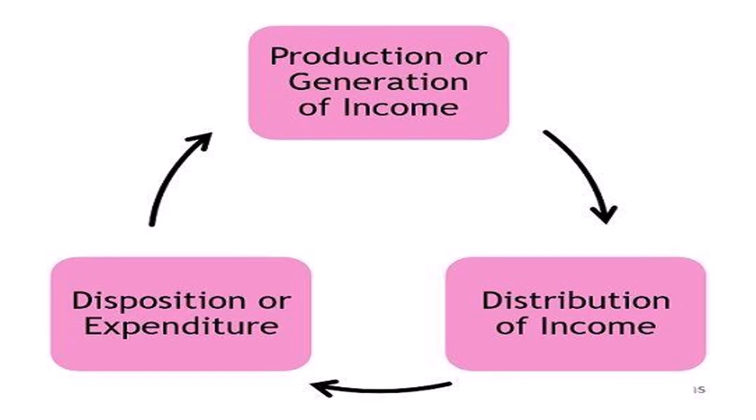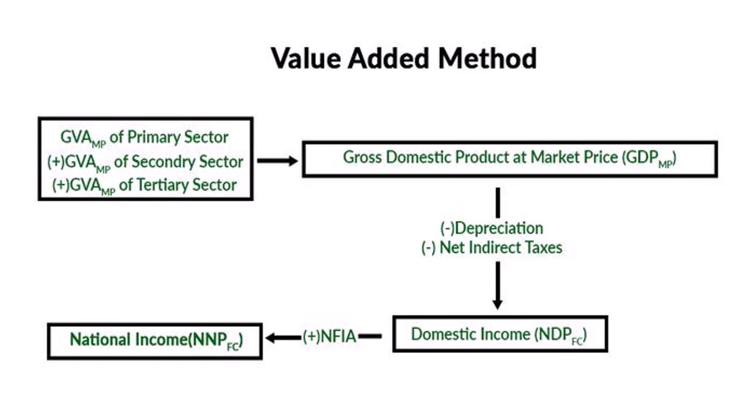In value added method, if you remember, we find out how many final goods and services are produced in an economy by calculating the value added by each production unit. And then to calculate national income, we take the sum of value added by each production unit to get an aggregate which is GDP MP.